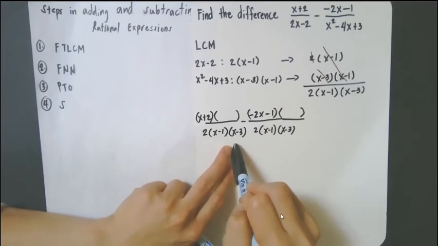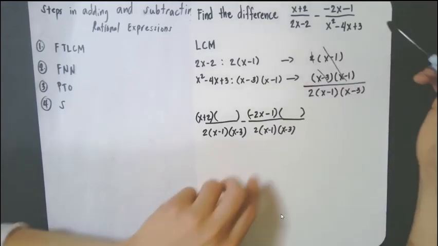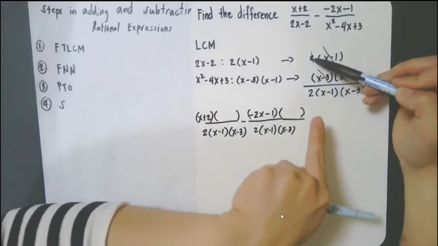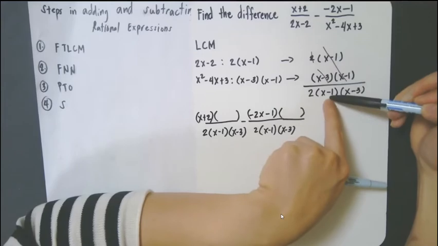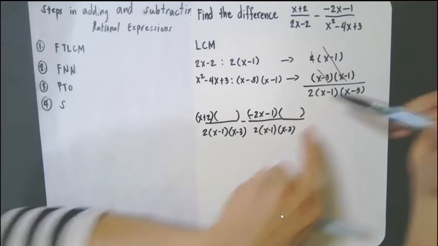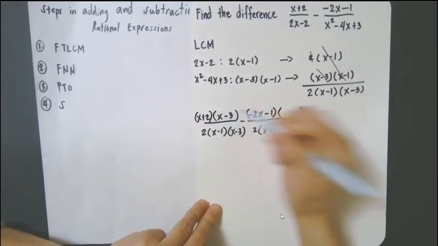So to easily compare, you go back to your solution over here, okay? So 2x minus 2 is right here. So you would compare. They both have 2, okay? They both have x minus 1. So what's the difference? The difference is x minus 3. So you will write the different factor in here. So that is x minus 3.